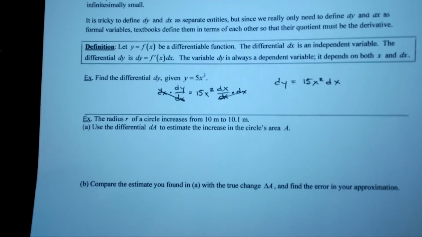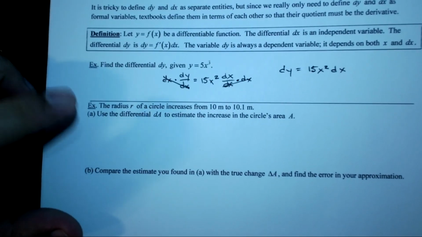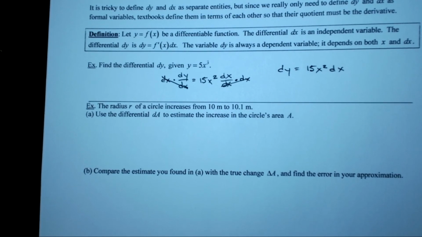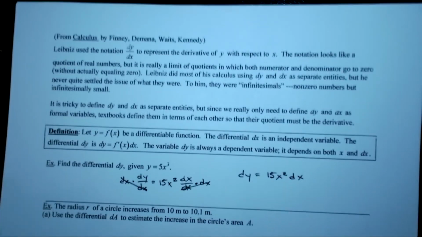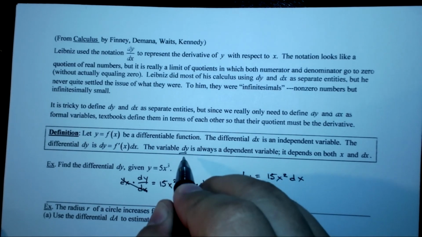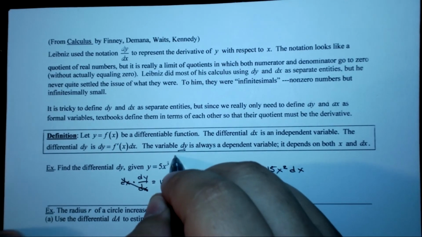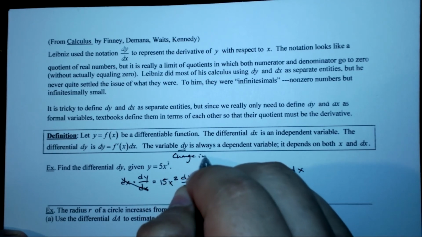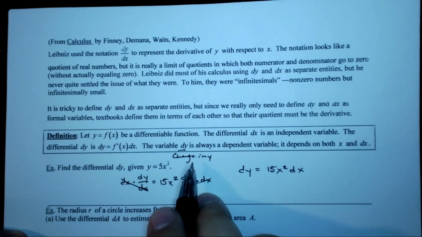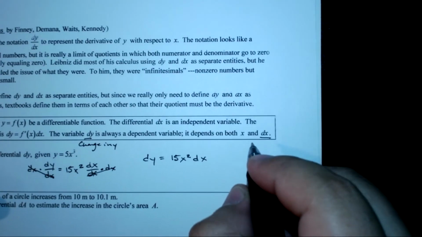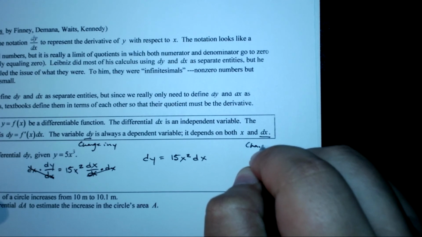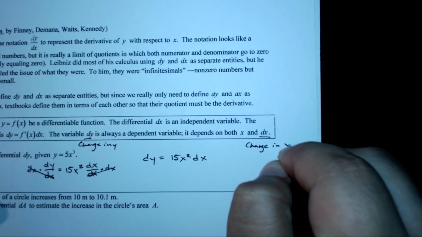So let's see how we can apply this to a problem like this. It says the radius r of a circle increases from 10 meters to 10.1 meters. Now, before we start this, let me go back to say that we said dy over dx is equivalent to saying the change in y, dy is the change in y, and we can say that dx is the change in x.